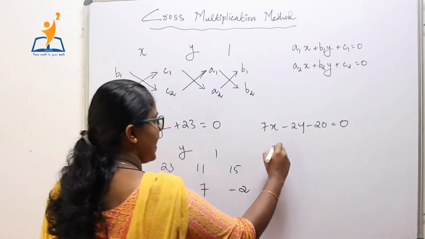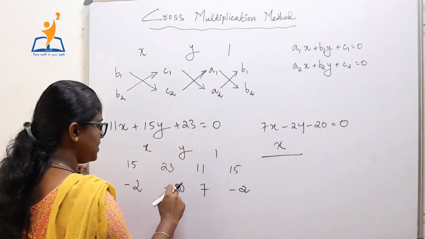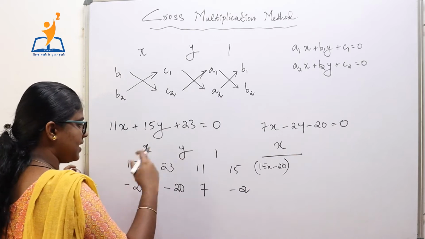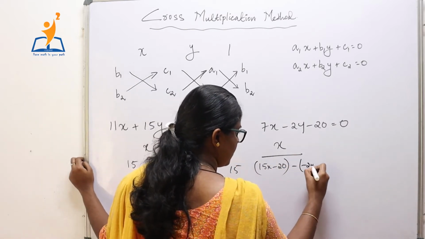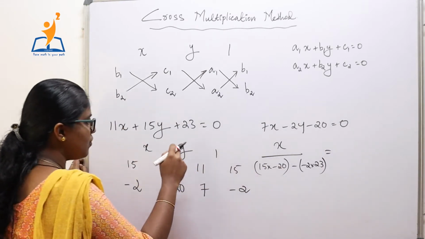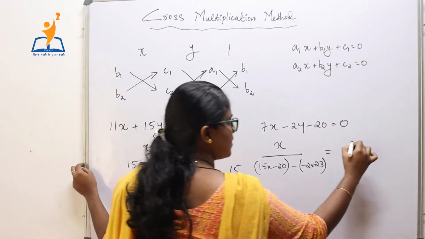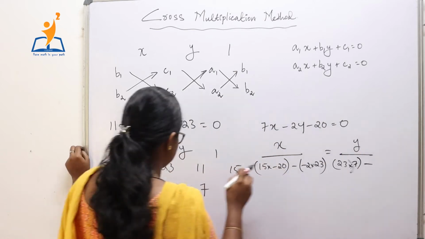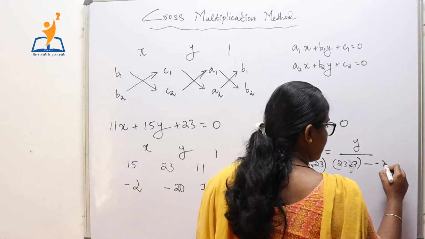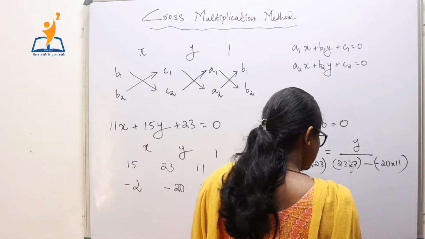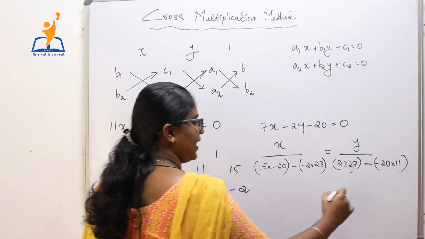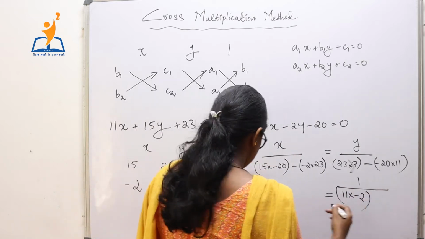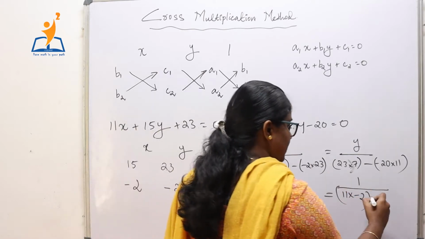Now we know that x by 15 into minus 20 minus 2 into 23 is equal to y by 23 into 7 minus 20 into 11, which is equal to 1 by 11 into minus 2 minus 7 into 15.